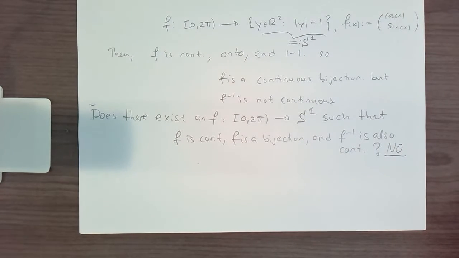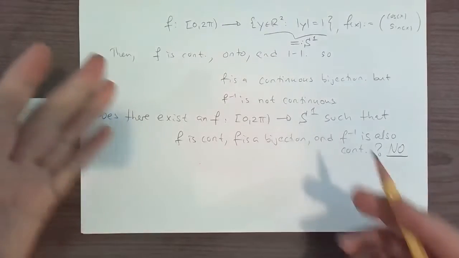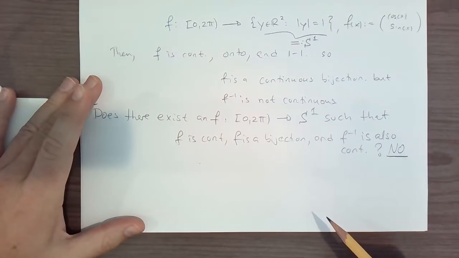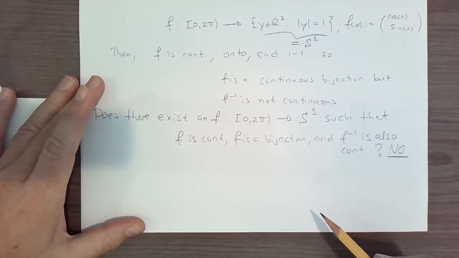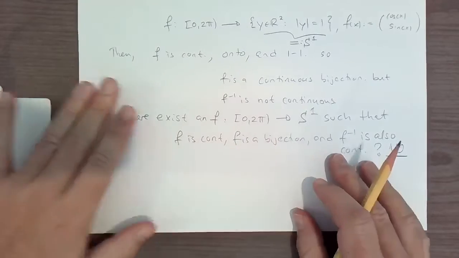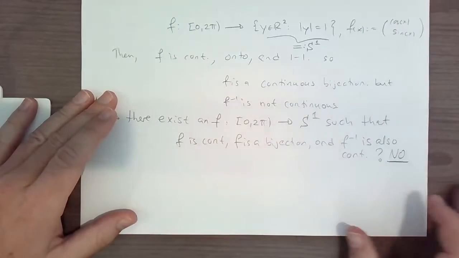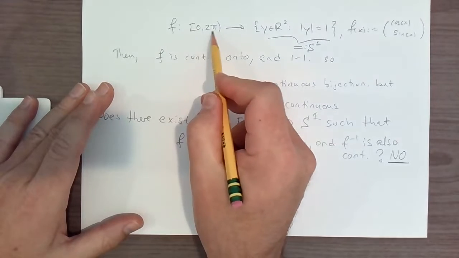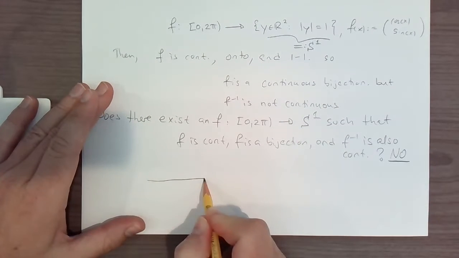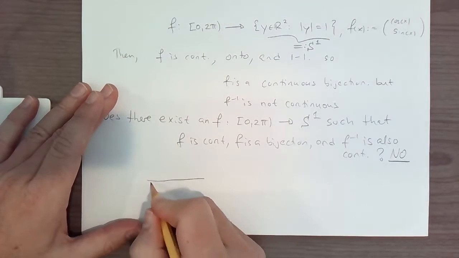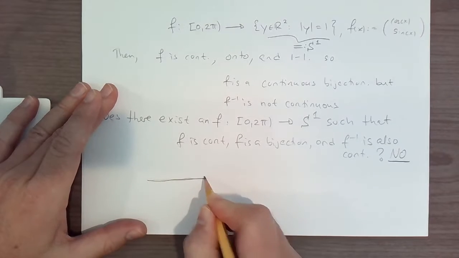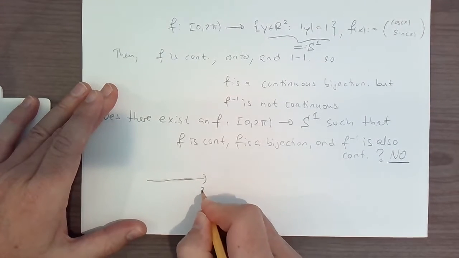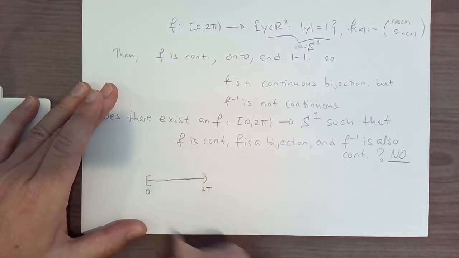So why is this not possible? It's pretty close, and we actually have all the tools to do this. We're almost there. If you take this segment up here, this is your 2 pi, and this is your 0.